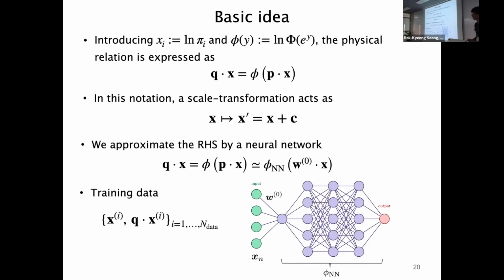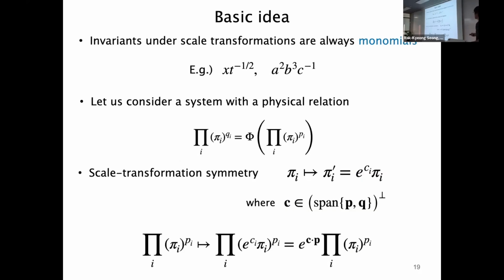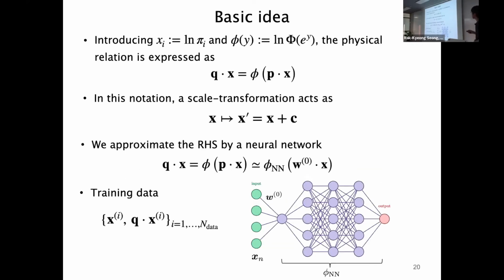And this structure becomes more apparent if we introduce the log of the original variable like this, and then the physical relation that appeared in the previous slide can be equivalently written in this way. And so in this notation, the scale transformation acts as just a shift of these vectors. Okay.